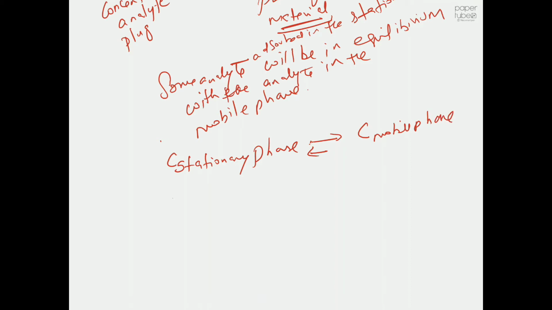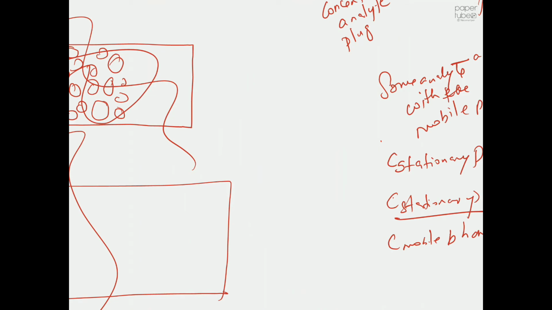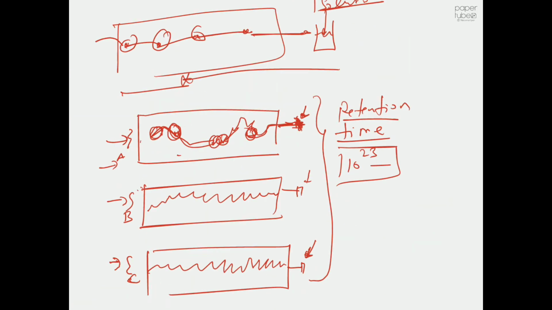So the ratio of these two, the concentration in the stationary phase and the concentration in the mobile phase, will be equal to something called the equilibrium constant.